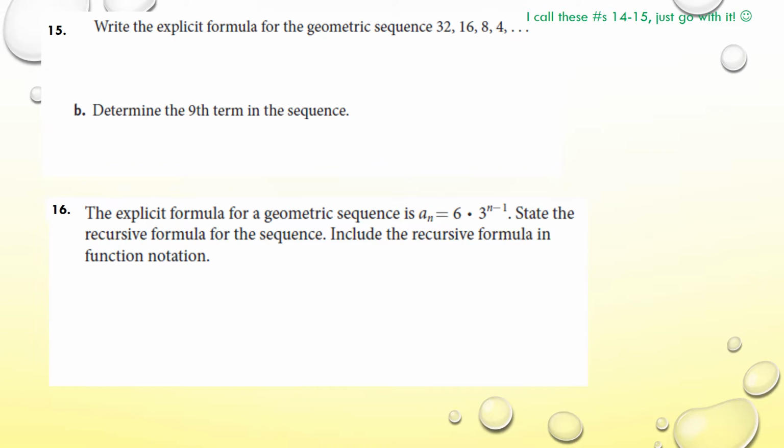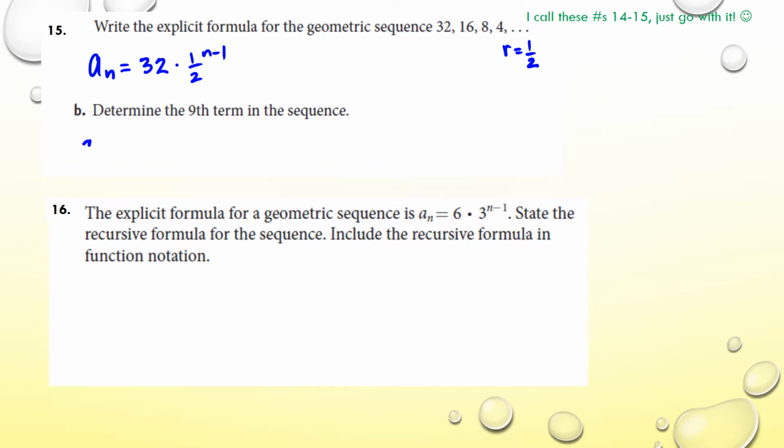So let's see. You have already done it and unpaused it. So this is what you found out. The ratio here is 1/2. So the explicit formula would be a sub n equals the first term, 32, times 1/2 to the power of n minus 1.